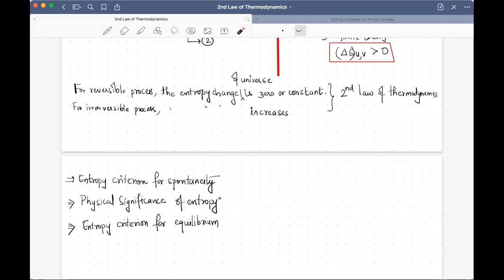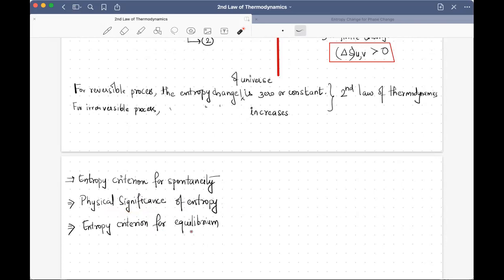That means the total change in the entropy of the universe should be greater than zero. That is the physical significance of entropy. The entropy of the universe will keep increasing.